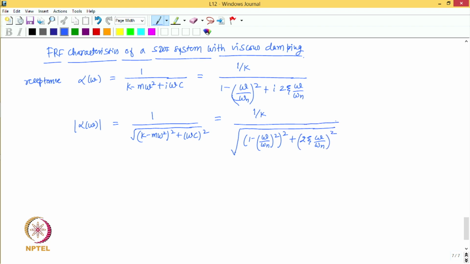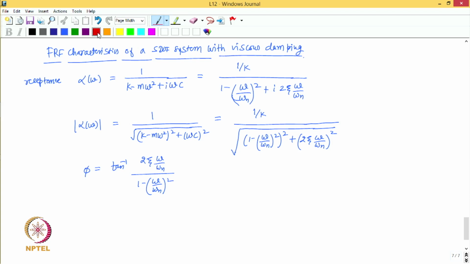That is the magnitude, and of course, we can also determine the phase. The phase lag phi is equal to tan inverse of 2 zeta omega upon omega n upon 1 minus (omega upon omega n) whole square.